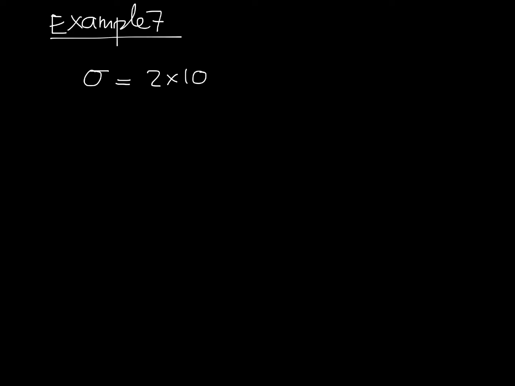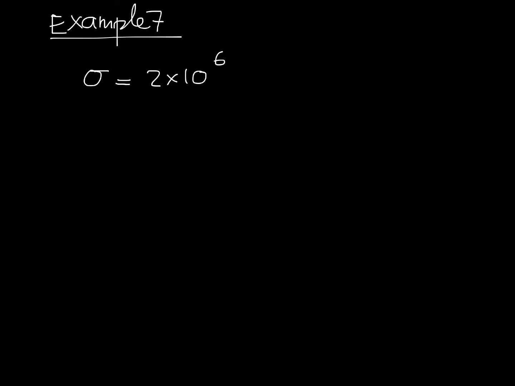Next is example number 7. A nichrome wire, consisting of a nickel chromium iron alloy, is commonly used in heating elements. The conductivity sigma is 2 times 10 to the power of 6.